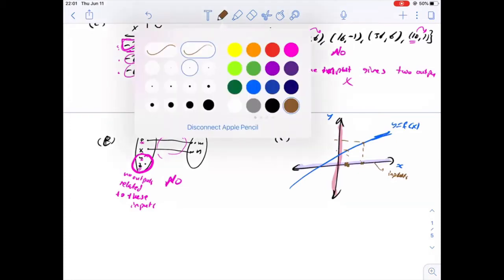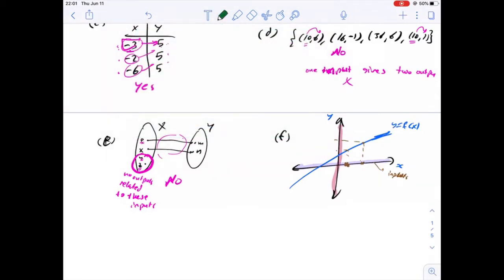Or you can simply use the vertical line test. The vertical line test says that if you graph any vertical line, that vertical line must intersect the graph in at most one point. As you can see, it intersects here at one point. If you graph it here, it intersects at one point.